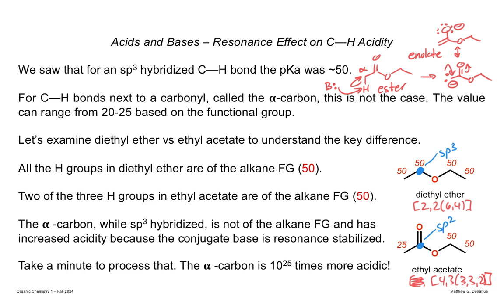So an enolate is an alkene and an alcohol with a negative charge. So enol-ate, and ate means negative. So really what we're trying to understand is looking at a weak acid, a CH acid, how do the neighboring functional groups affect acidity?